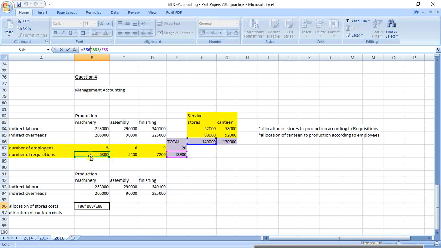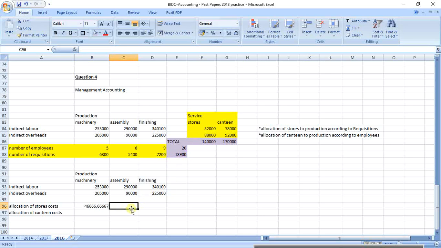It's a fraction: numerator 6,300 over denominator 18,900 of this must be allocated to there. So it's 140,000 times 6,300 divided by the total, 18,900. Okay.